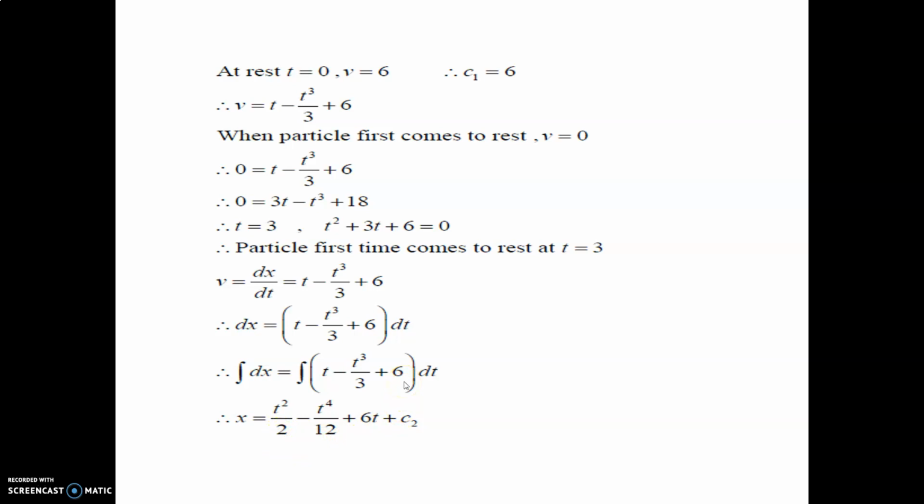Last but not least, what is the integration of 6? It is exactly 6t, as the integration of 1 is t. That's why x = t²/2 − t⁴/12 + 6t + c2.